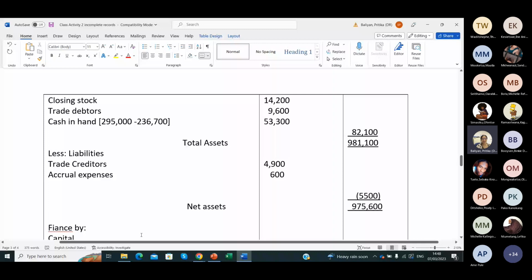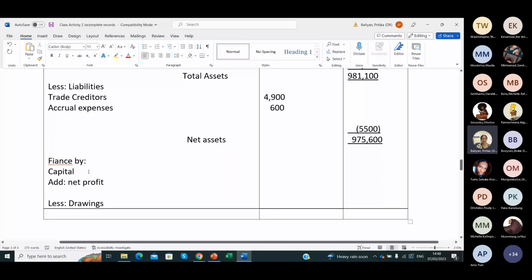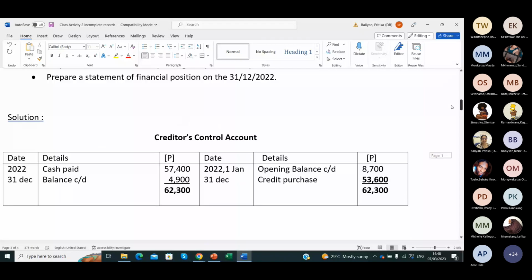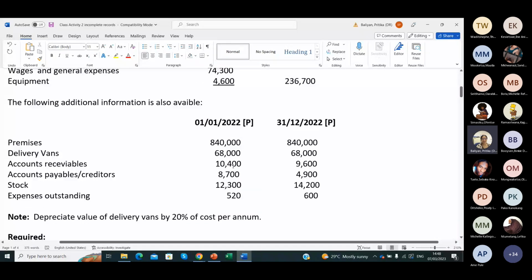Then the capital at the beginning of the year. You will calculate it by using this formula: total assets minus liabilities. When you are adding the total assets, you will take the cost of premises, delivery van, accounts receivable, the stock, and also the cash balance, 7,300 at the beginning.